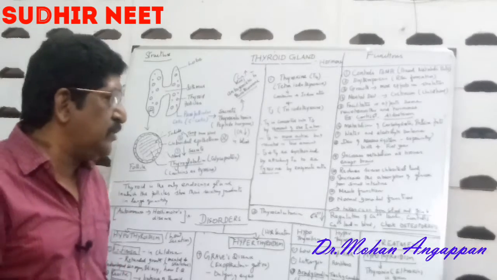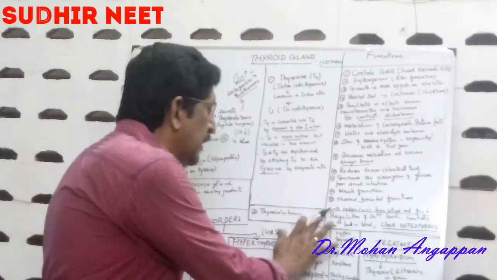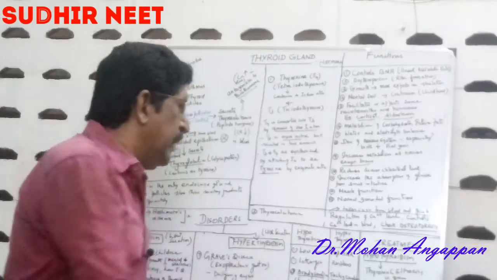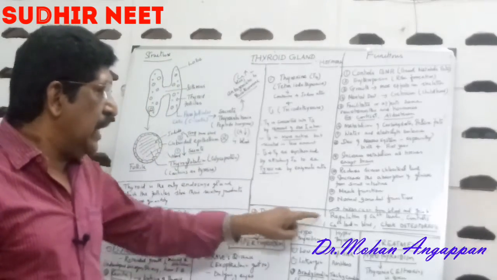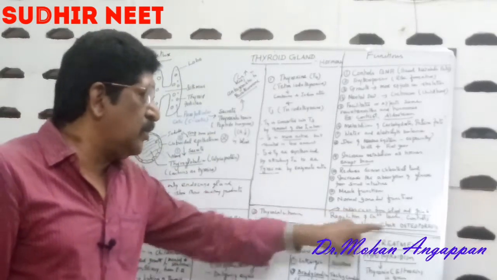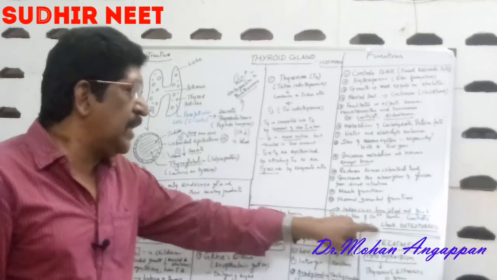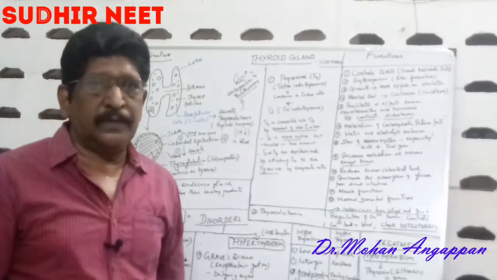So THYROCALCITONIN regulates the calcium level, controls the calcium level in blood, and checks osteoporosis.